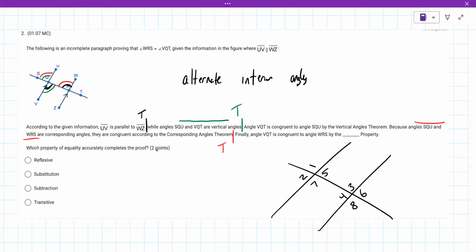It says that angle SQU is congruent to angle VQT, and angle SQU is congruent to angle WRS.